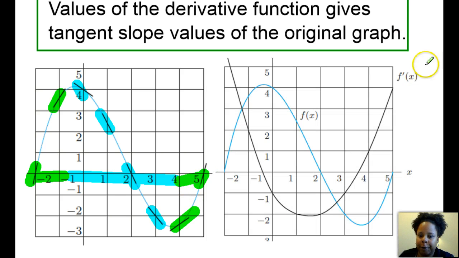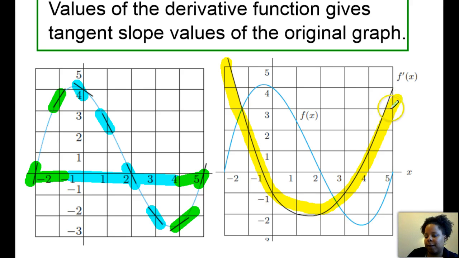And as you can see, if this is our derivative function here, that is positive as we go from -2 to about -0.5, and then it becomes negative from -0.5 to about 3.5, and then it becomes positive as we go from 3.5 on. So it seems to me that we have a derivative function that is consistent with the slope of the tangent lines that we saw over here to the left.